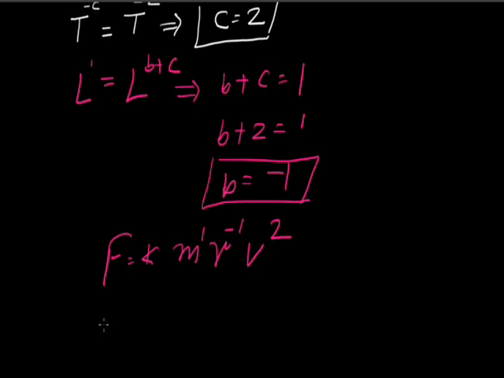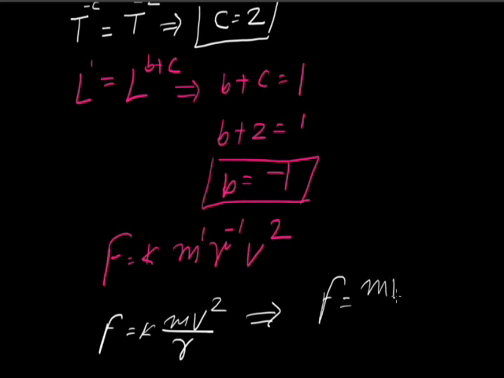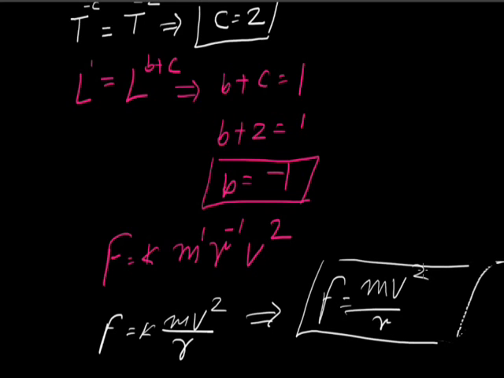So we can write the formula F is equal to K m v square upon r. We know that here K is equal to 1. So F is equal to mv square upon r. This is the relation between mass, velocity and radius.